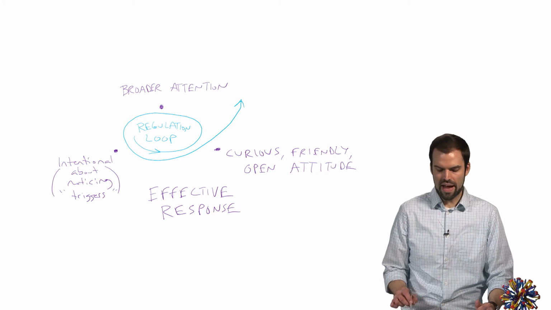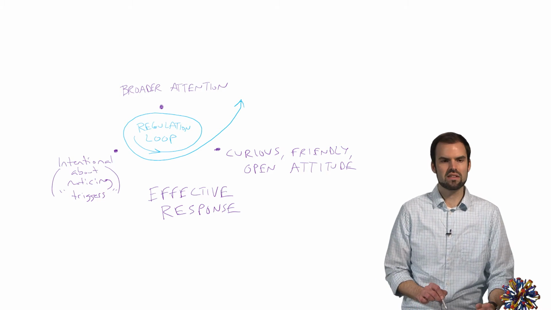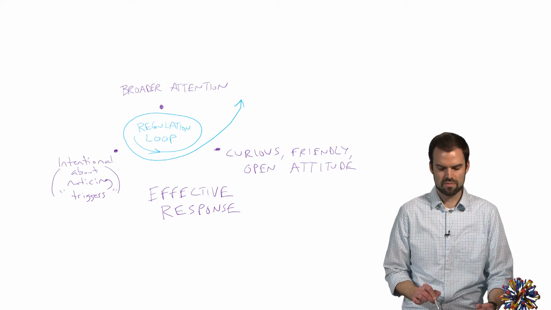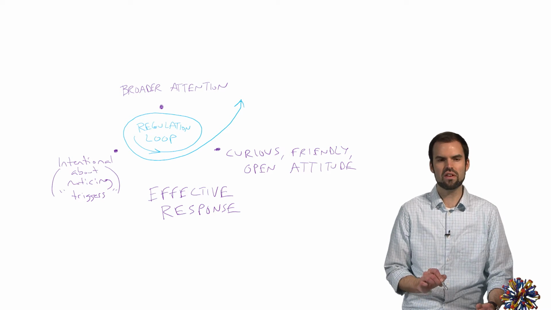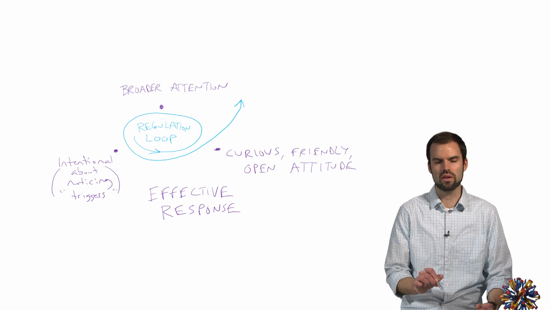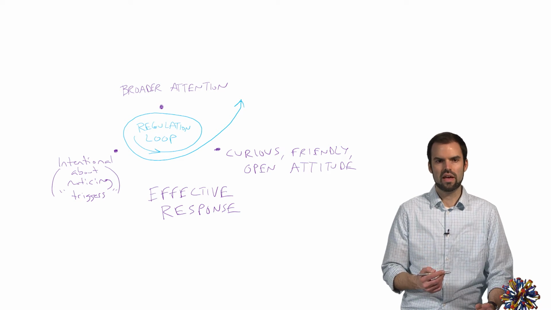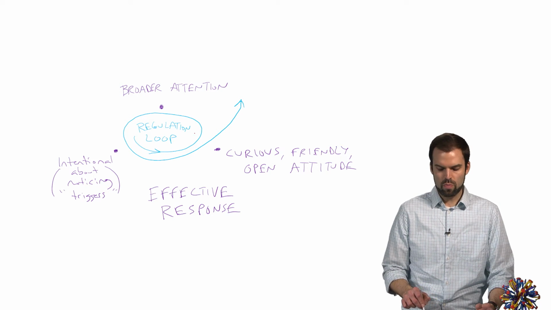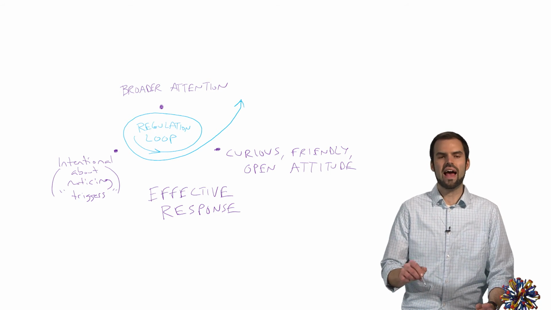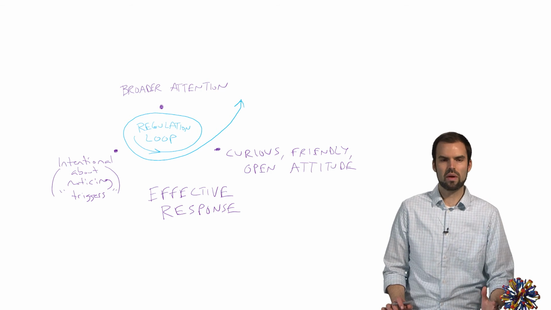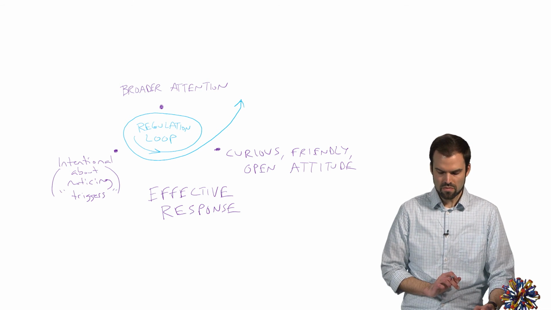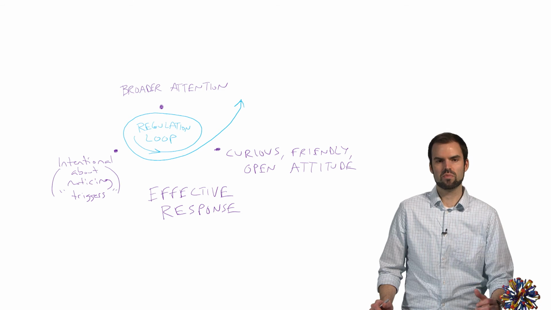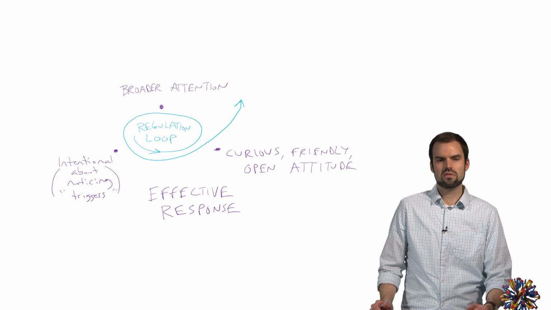And that open attitude then feeds back into the intentionality about actually responding rather than reacting, shifting the experience. Even if nothing changes in the external environment, your own internal experience changes. And so this creates a loop that goes in the opposite direction. It takes us out of the spiral. Again, it's a more expansive process. So this is the difference between regulation and reaction.